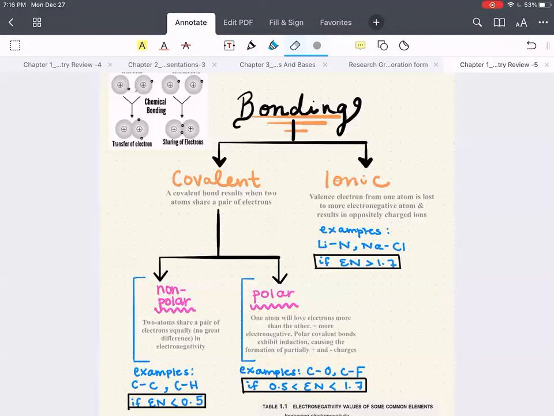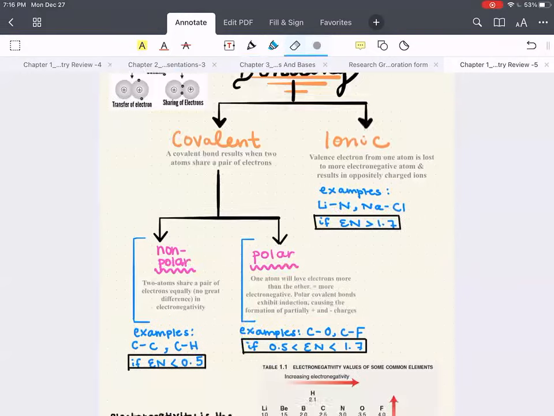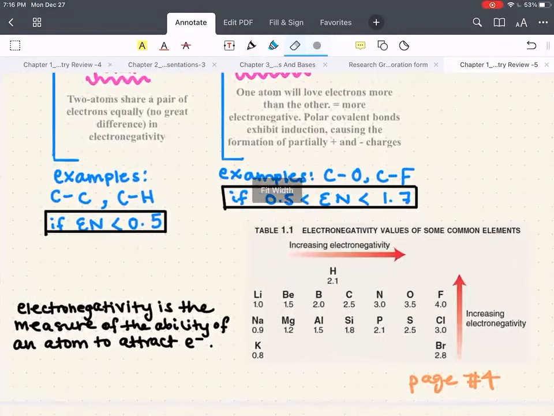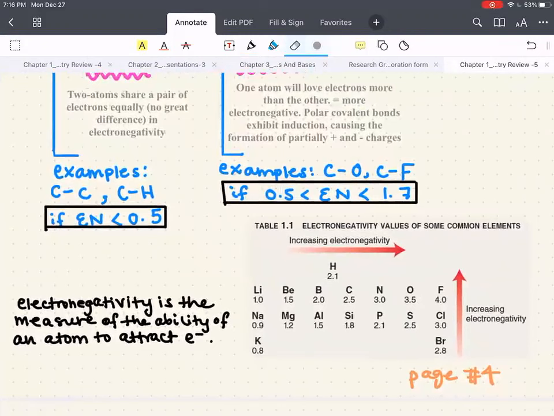And the answer to that is electronegativity. This is the measure of the ability of an atom to attract an electron. And each atom has an electronegativity value. We can see this in this table right here. These are the electronegativity values of some of the common elements that you're going to see in Organic Chemistry 1.